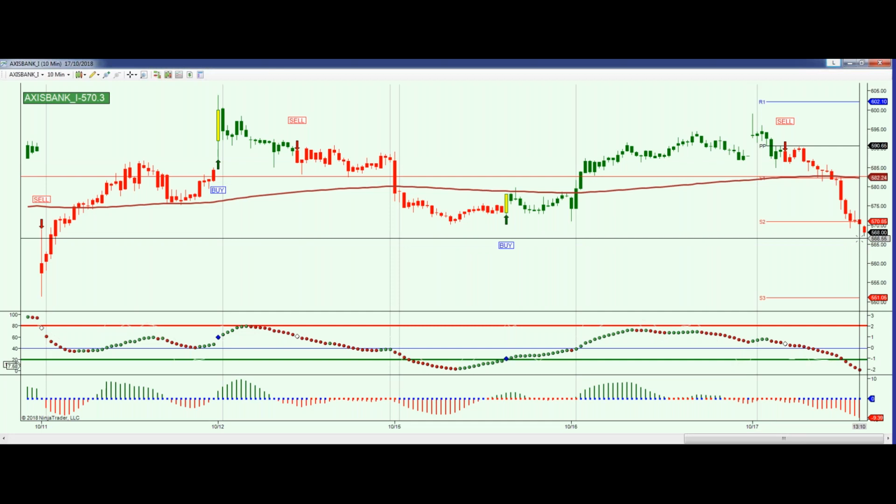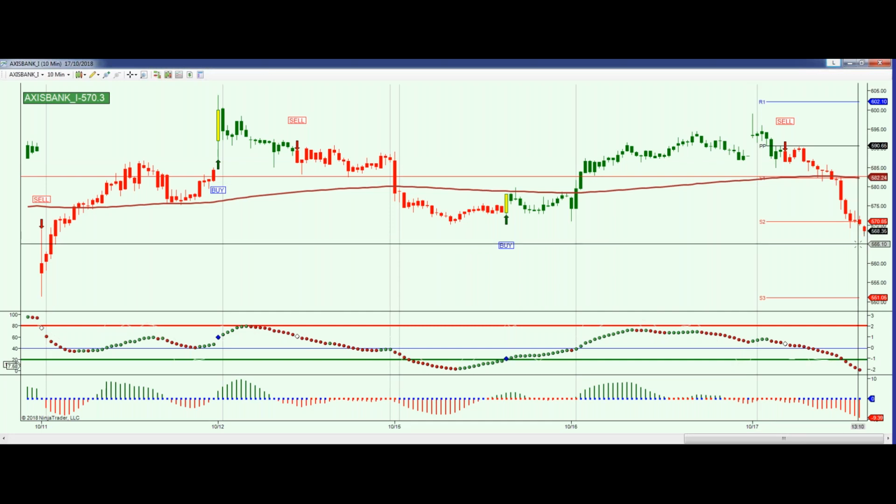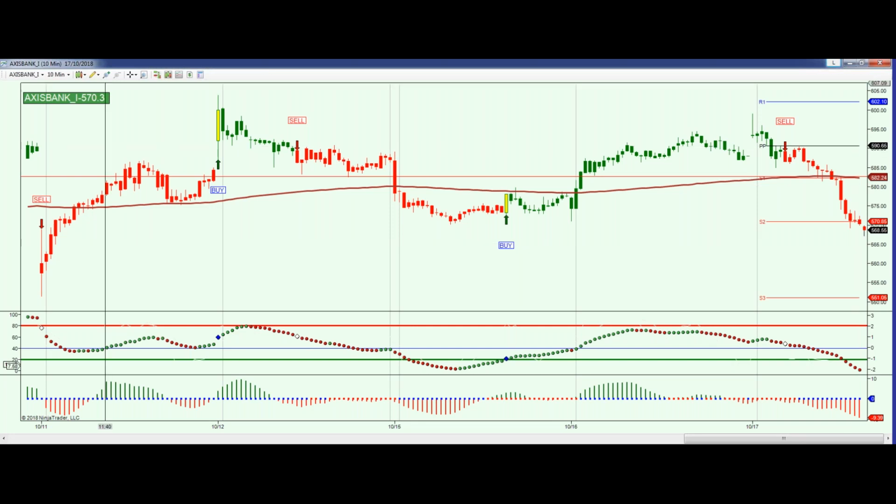So now you can just calculate the profits, roughly around 25 or 30 odd rupees in Axis Bank, and you multiply it with your lot size, you will get your profits.